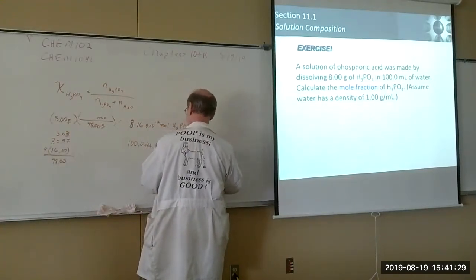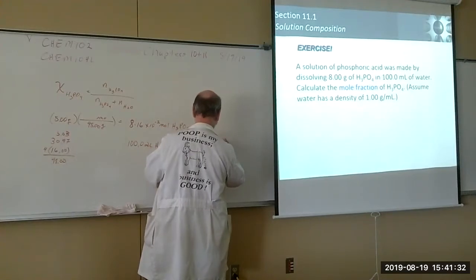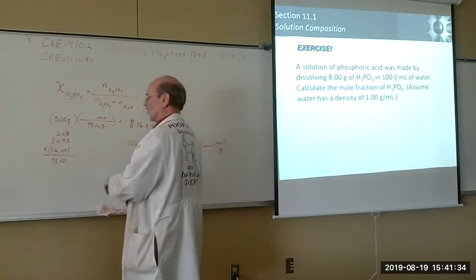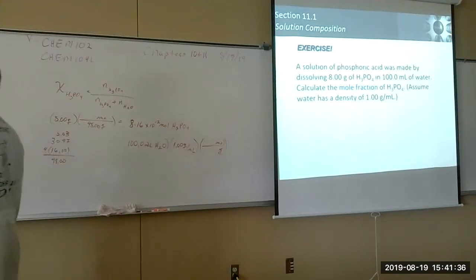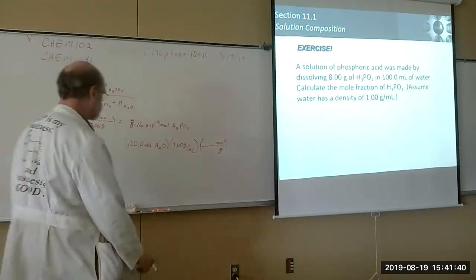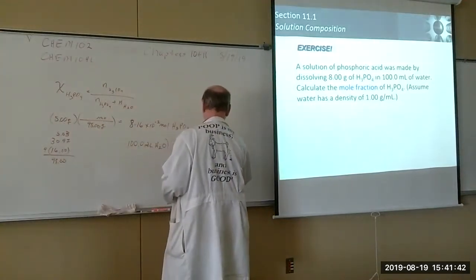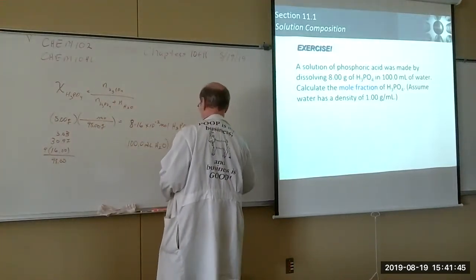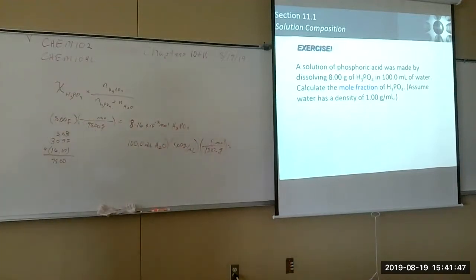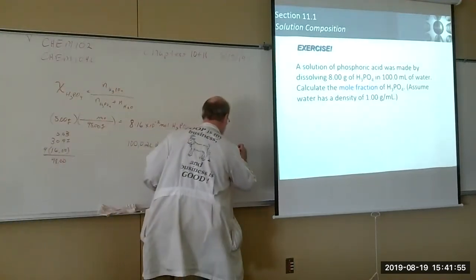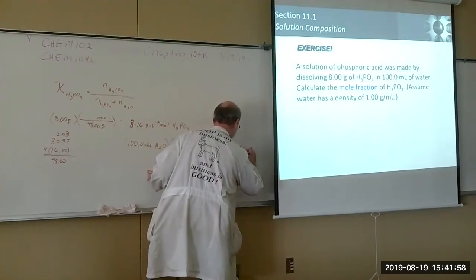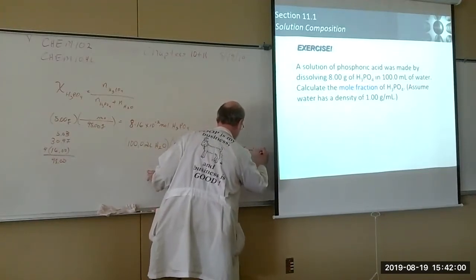Then we want to convert grams to moles of water. So water is H2O, so it's 16 plus 2.02, which is 18.02. So 18.02 into 100 is 5.55 moles of water.